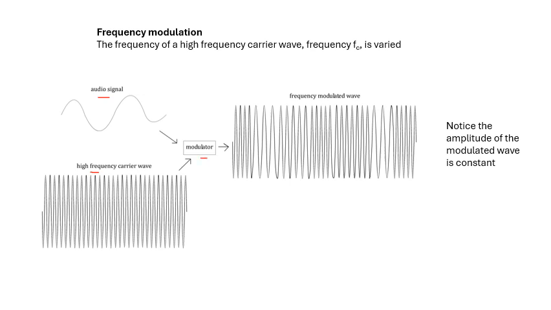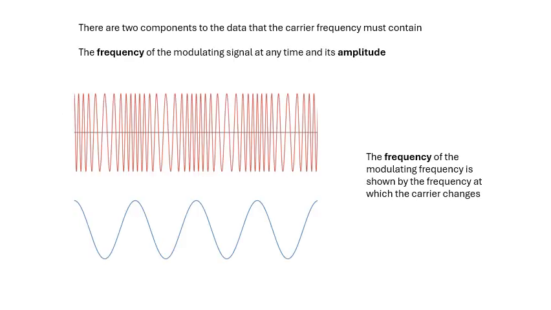It goes through the modulator, and notice this is the modulated wave, and you'll see that's a higher frequency, that's a lower frequency, that's a higher frequency, etc. Notice that the amplitude is constant, and we'll discuss the significance of that in a bit. Okay, now there are two components, two bits of information which need to be carried.